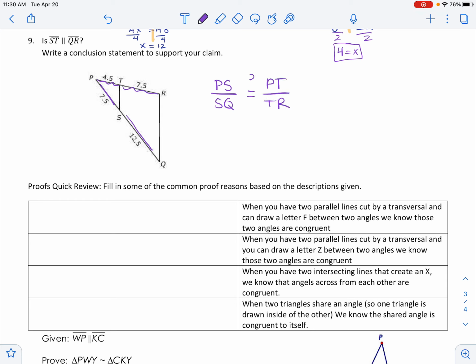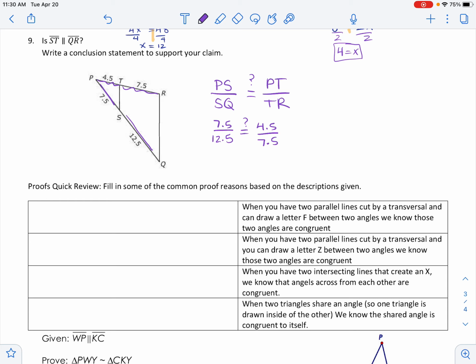But we're testing, are they equal? We don't know. We want to see if they are. So I can put a question mark there. PS is 7.5. SQ is 12.5. So I'm just plugging in what we know. PT is 4.5. And TR is 7.5.